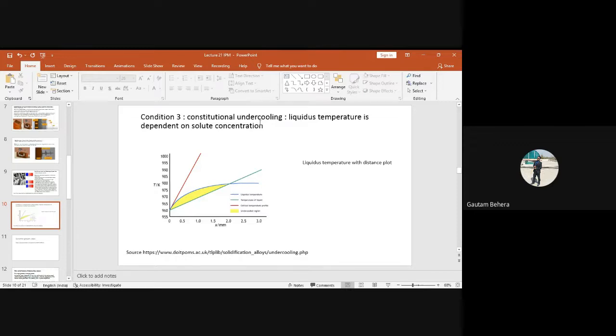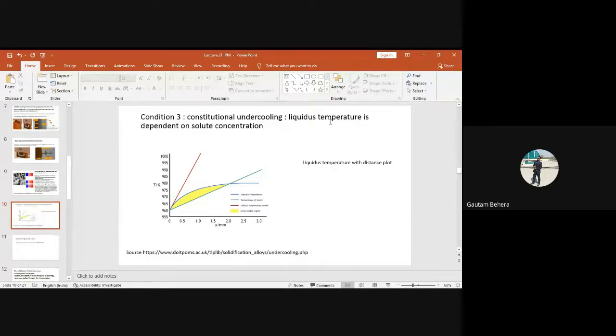It may have solid and liquid both. And there is a temperature called the solidus temperature. Below the solidus temperature, everything is solid. Above the liquidus temperature, everything is liquid. That means in between solidus and liquidus, you have both solid and liquid. These temperatures are obtained when we are dealing with alloys, right? But if we have a pure metal, we call it the melting point only, or fusion temperature. We should not call it liquidus temperature.